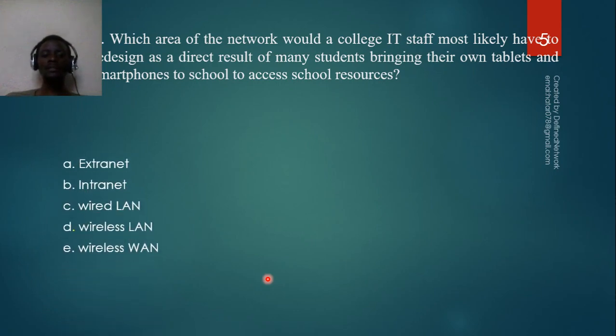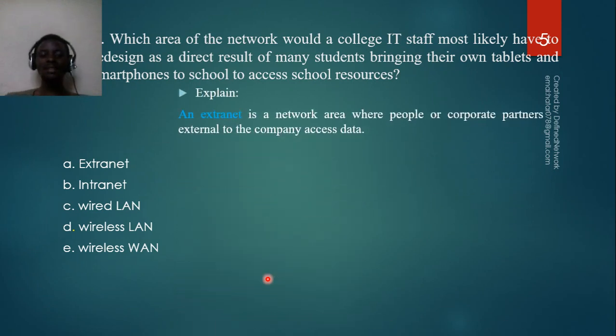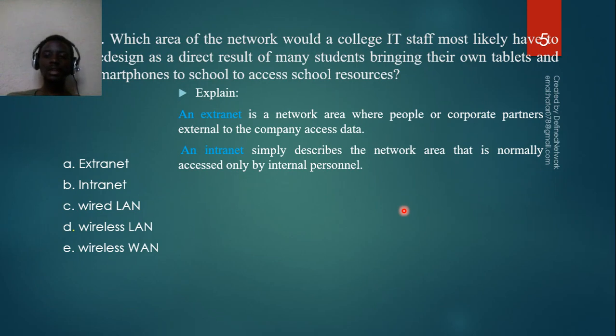Which one? Among these options: extranet, intranet, and wireless LAN. An extranet is a network area where people or corporate partners external to the company access data. So you are outside of the company and you can access some data from the company's local network, yet you are external. An intranet simply describes the network area that is normally accessed only by internal personnel.